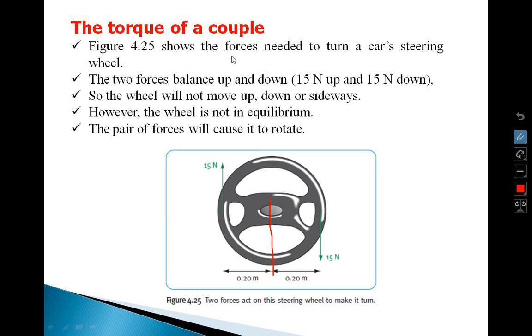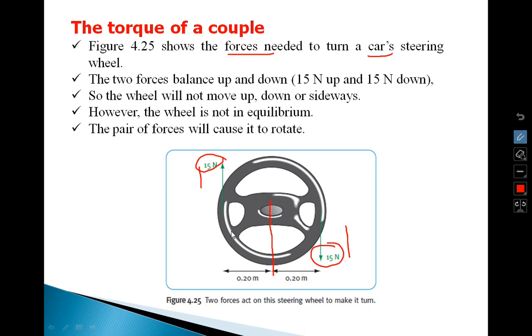So this figure shows the forces needed to turn the car's steering wheel. The two forces balance up and down. One is up and the other is down, and both of them are 15 Newton. They are the same forces.